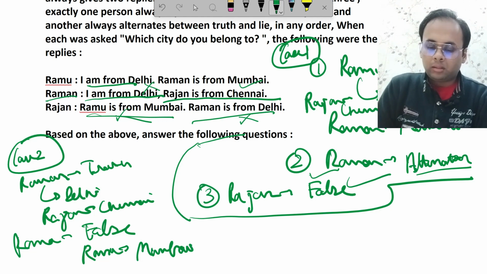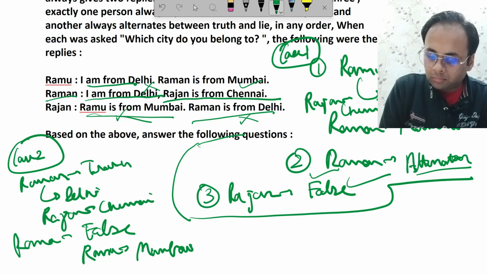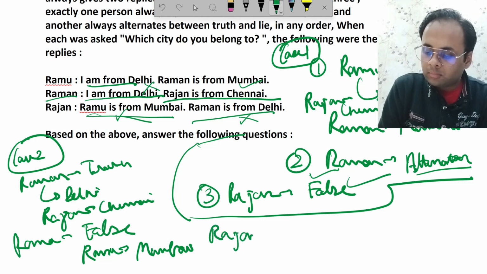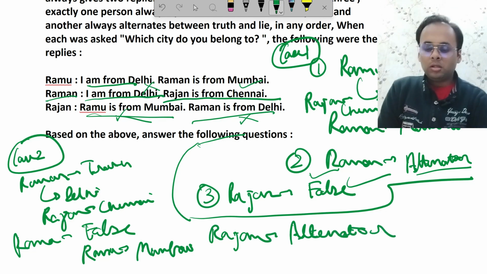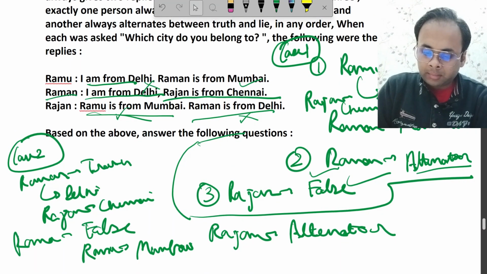Now we have Rajan, whom we have to consider as the alternator here. If Rajan is the alternator, then he is saying two statements. Ramu is from Mumbai, that is correct as per our assumption.